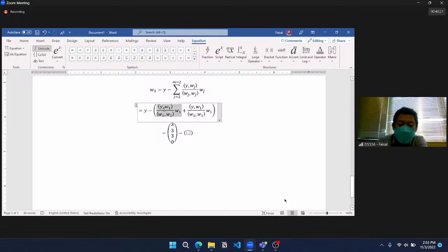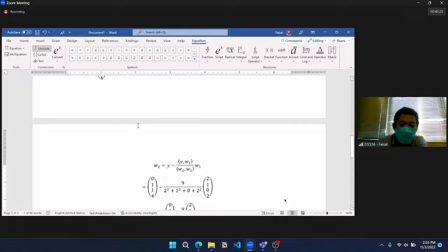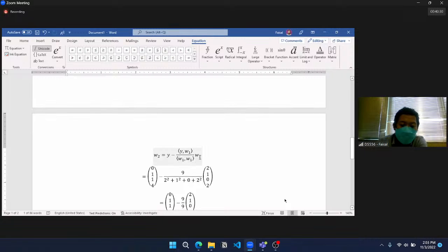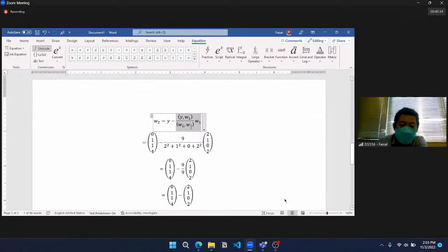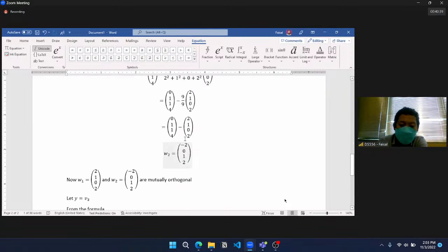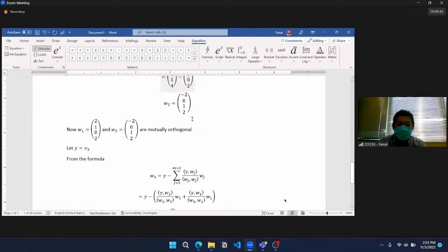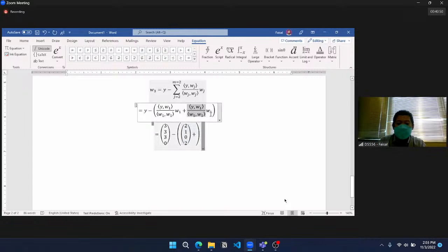The first term we already computed in the previous process, we just substitute. Minus, the first one is this, and the second one we must compute.